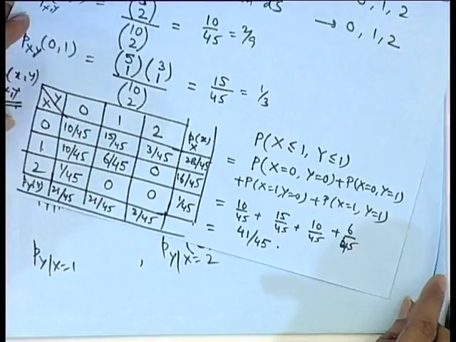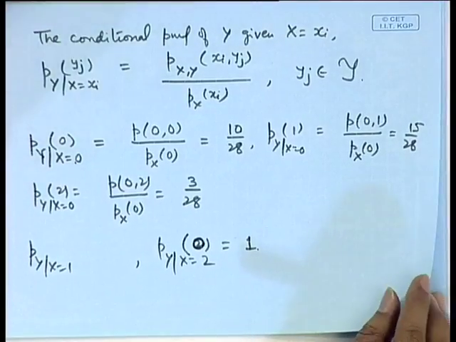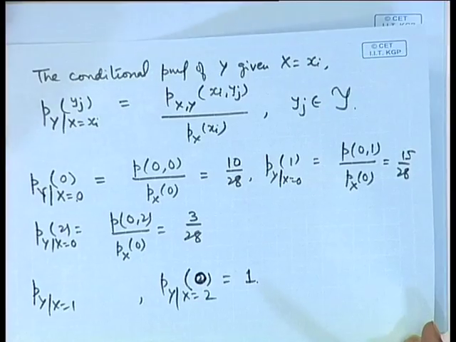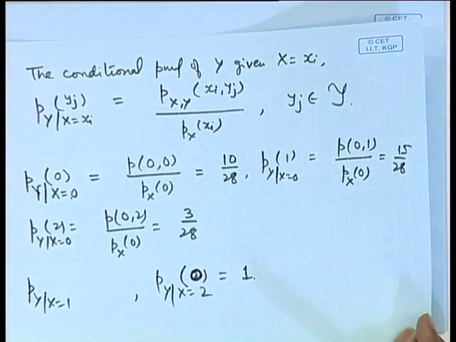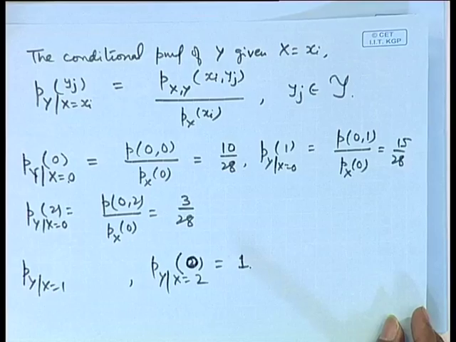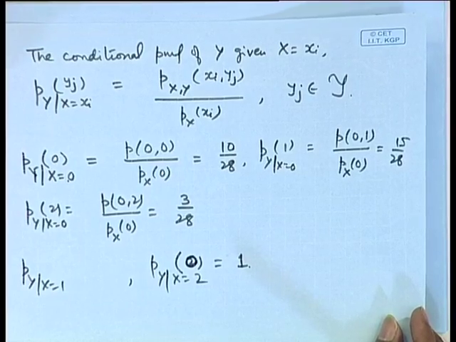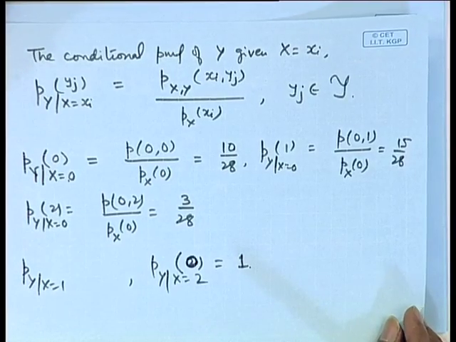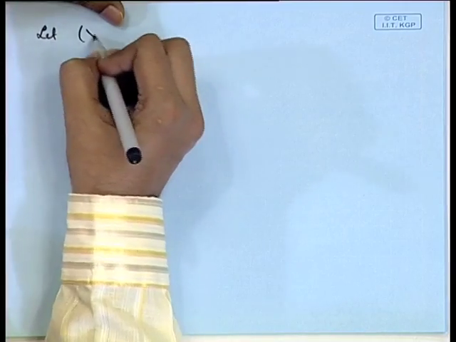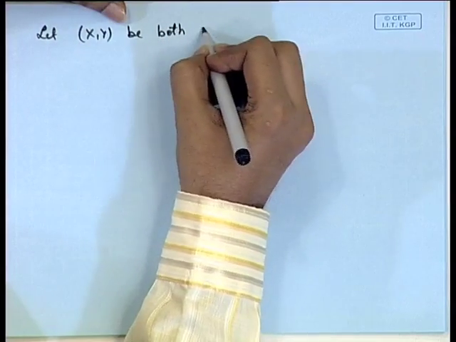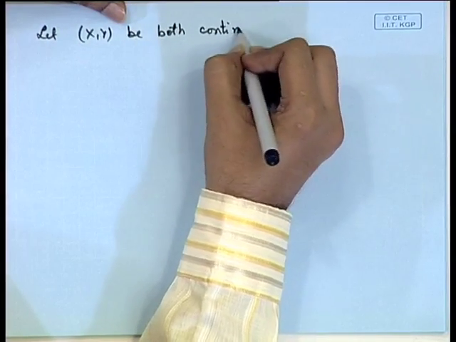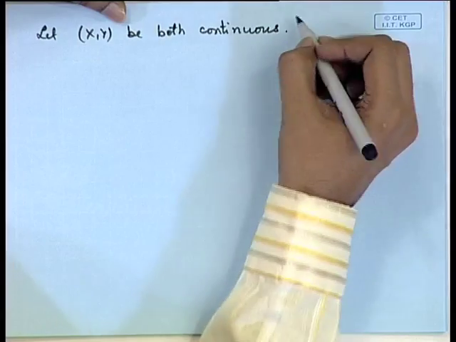Now, if both the random variables are continuous, then we have a joint probability density function. So, let x and y be both continuous.